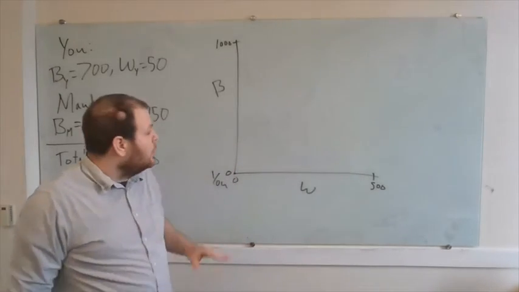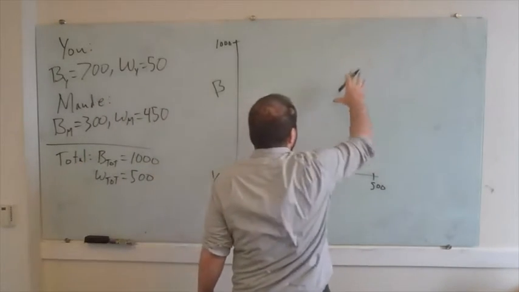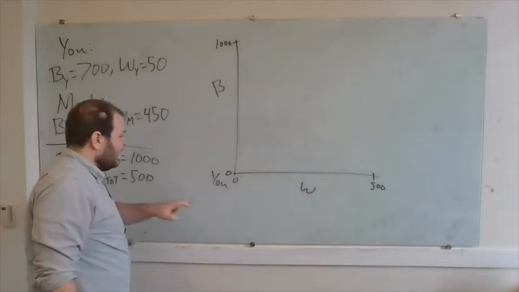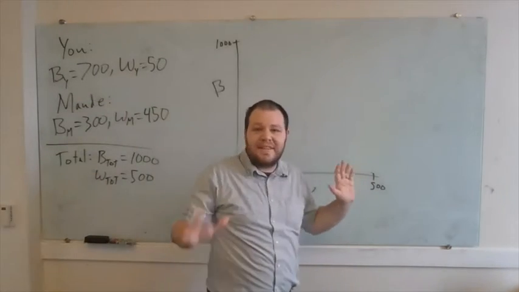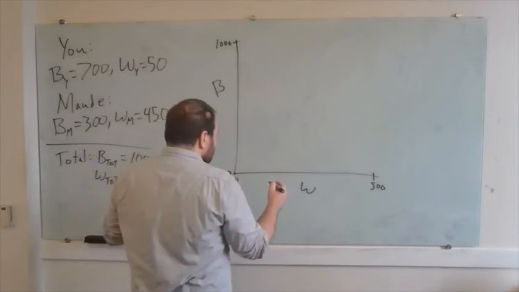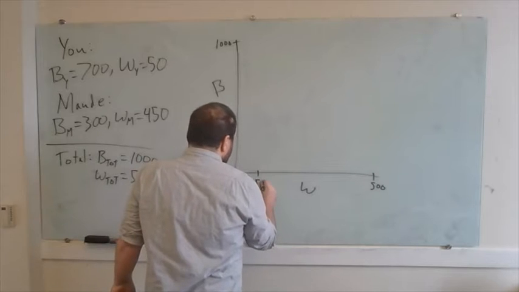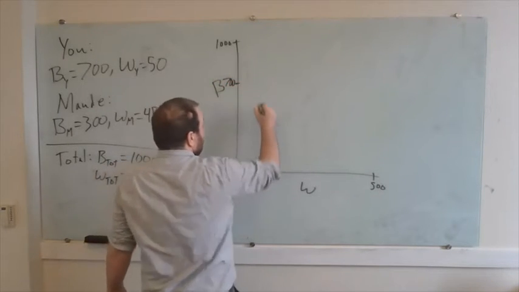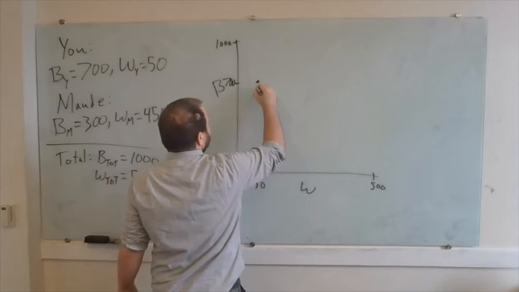We're just saying, on this graph, we can basically represent any possible outcome of your interaction with Maud, anywhere from you having nothing to you having everything that exists in the entire world. And we can say that if nothing happens, if you just keep what you started with, you would have 50 gallons of water and something like 700 cans of beefaroni. So we would start out here.